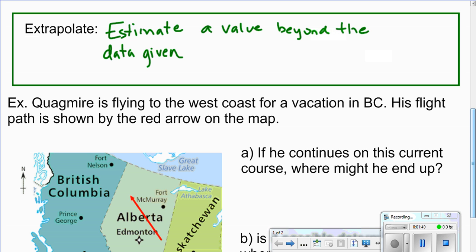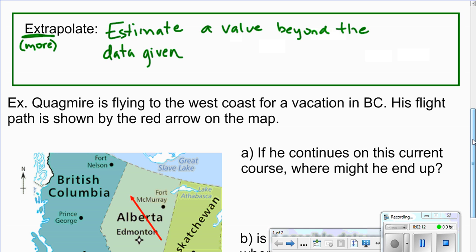Okay, it's beyond our data that's given. It's beyond our data set. Okay, so we're looking for extra data. It's outside of our data set. We're looking for more values. So extra is more. Okay, so it's beyond. We're looking for more data, something that's not already in our data set.